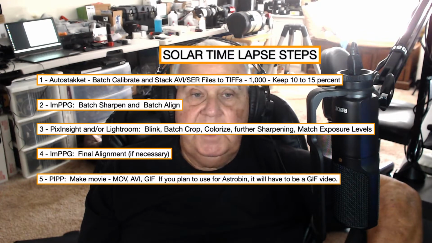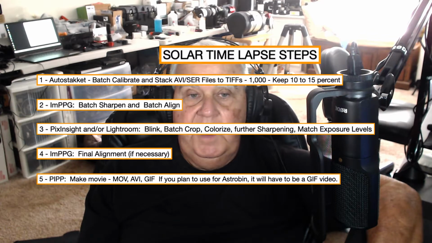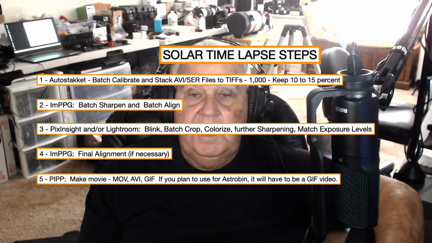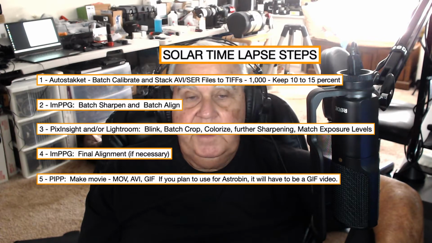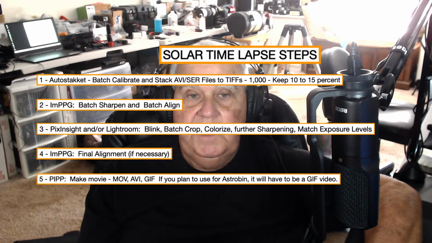Because in PixInsight's blink, one of the advantages of using that over Lightroom is that you can set the blink rate to, say, 20 frames per second, and you can play those files, and you can kind of tell whether there's movement that is going to require another alignment. Then we'll go back into ImPPG and do the final alignment. If not, then we're going to go right into PIPP, and we're going to make our movie.